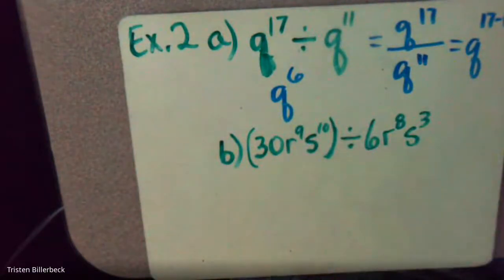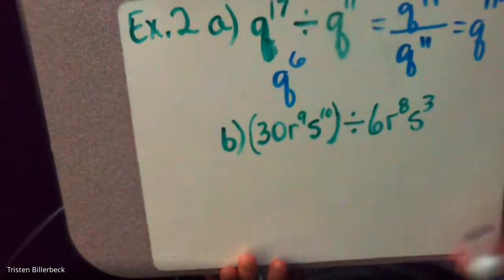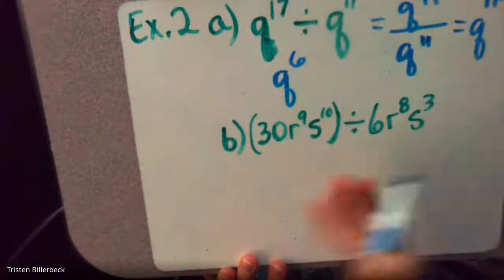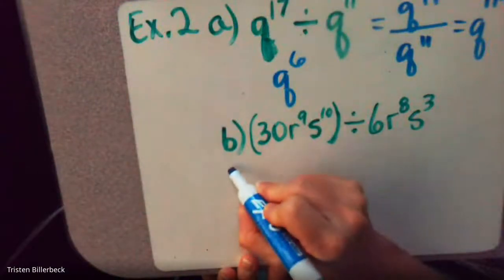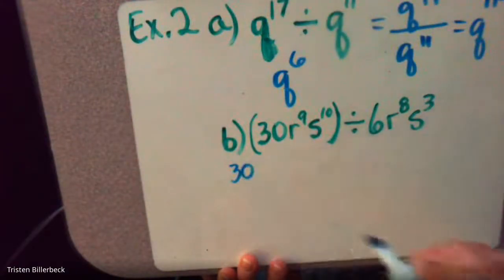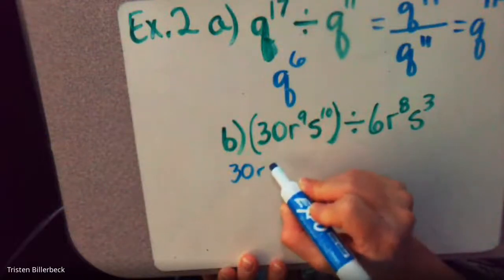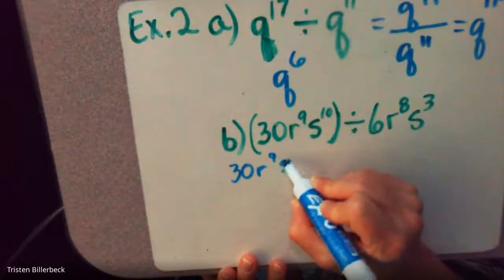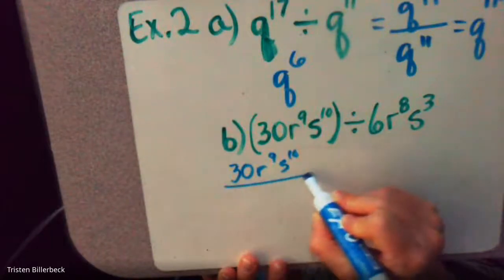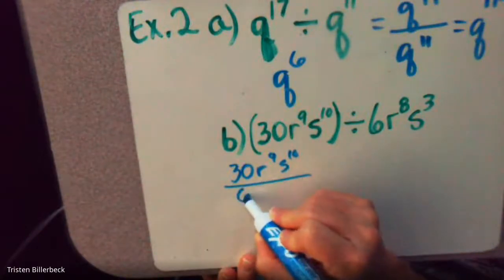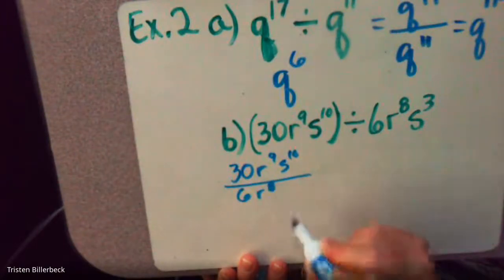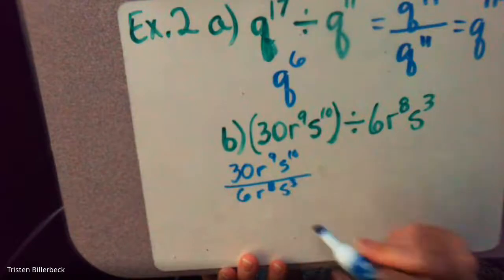Yikes, look at this one. They're really raising the level of difficulty. Well, what I would suggest is putting one thing over the other, because that's what the division sign means. So let's do that. So we have r to the 9th, s to the 10th, over 6, and r to the 8th, over s to the 3rd.